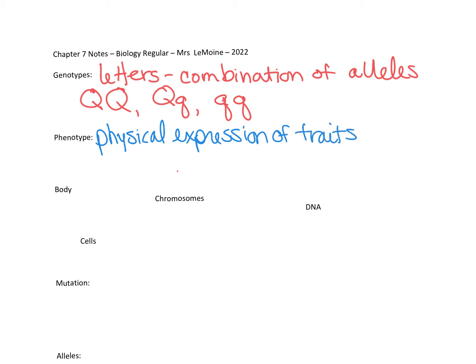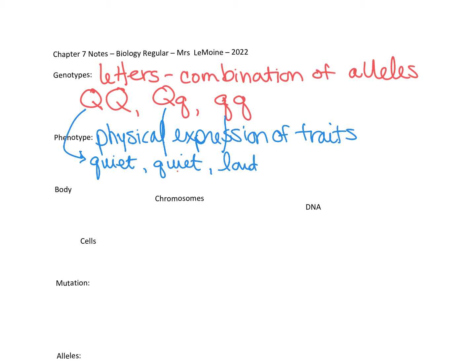So if we're talking about Q, say the Q is dominant for quiet, this big Q, big Q would give you quiet. This big Q, little q would give you quiet. And then the little q, little q would be loud. Kind of a generic representation, but it helps you make sense of it.